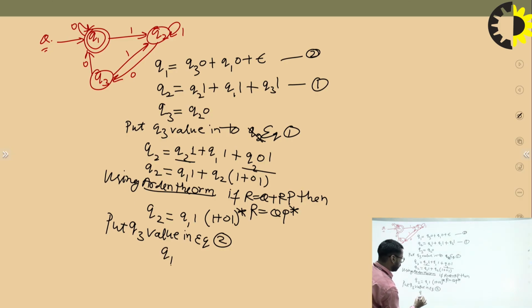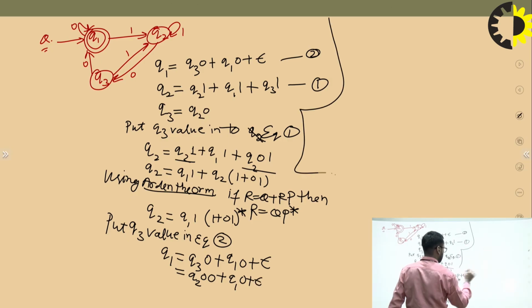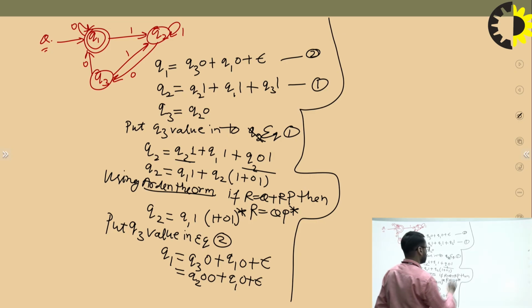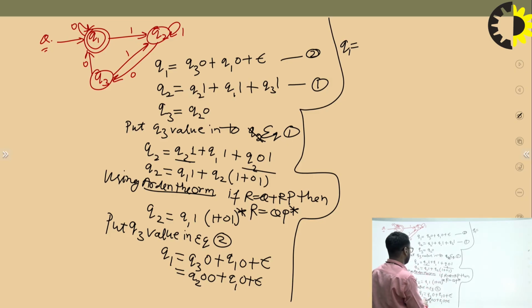Q1 equals Q3 0 plus Q1 0 plus epsilon. This is equation number 2, and the resultant will be Q2 0 0 plus Q1 0 plus epsilon. So Q1 equals this, where Q2 is replaced. This is equation number 3.